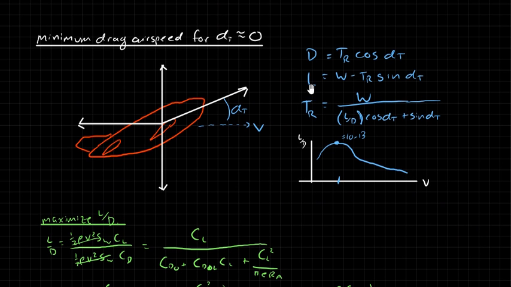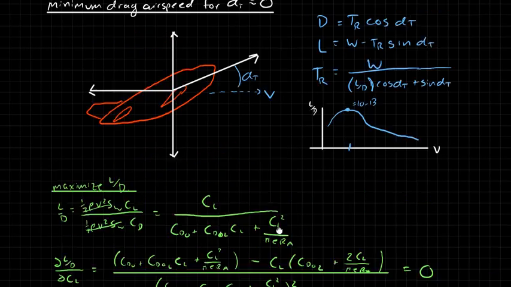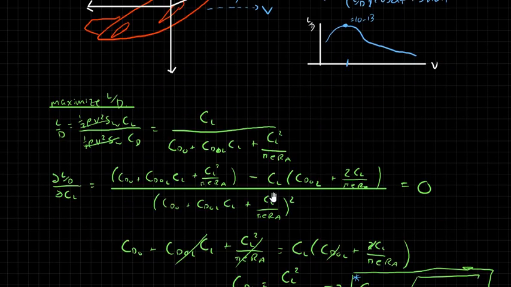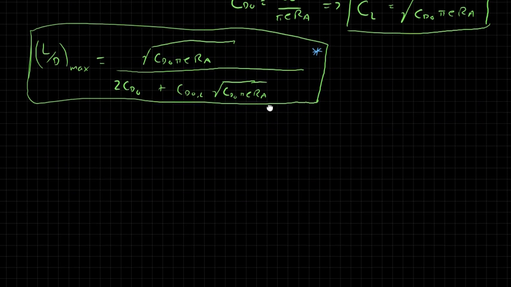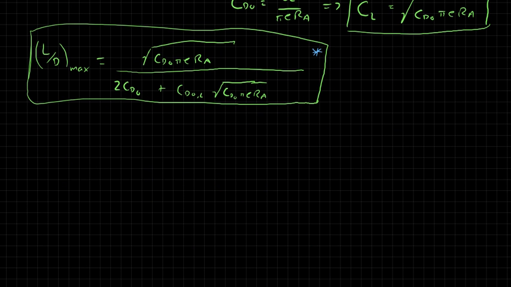Okay. So for our scenario here, we have a function for the lift. So let's use that in our lift coefficient. So let's see, that's W minus TR sine of alpha T. Okay, so I'm just going to rewrite that here at the bottom. Lift equals W minus TR sine of alpha T. Okay?